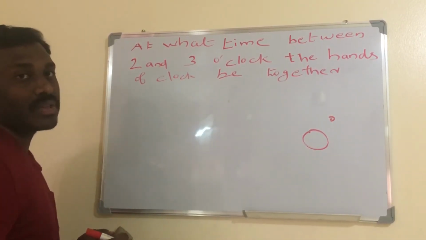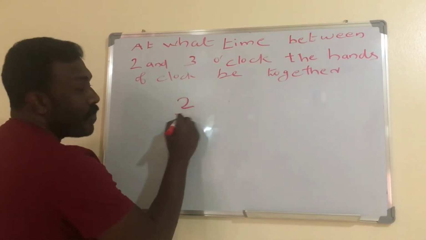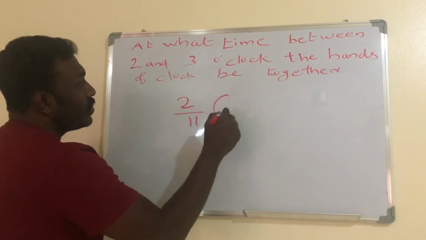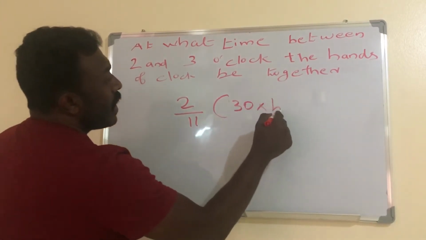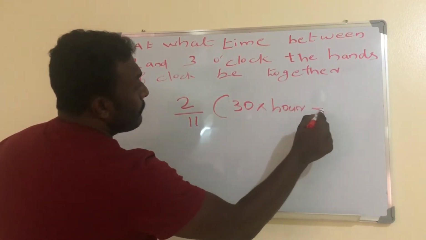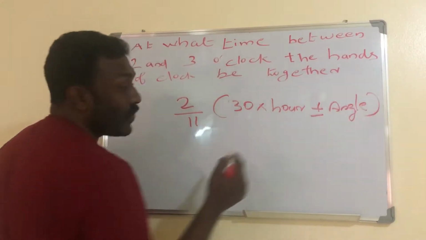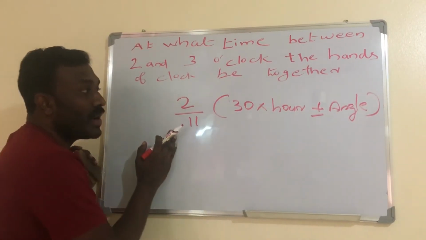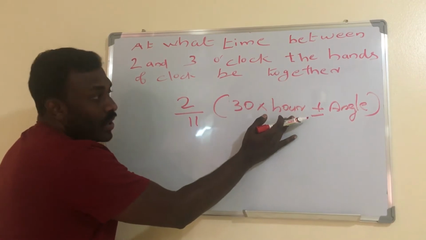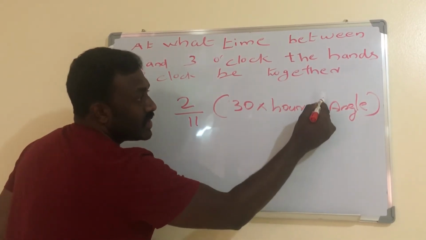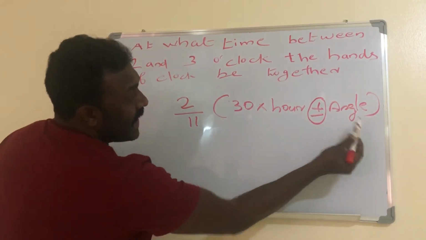Now we can solve this question by using the formula: 2 by 11 into 30 into hour, plus or minus angle. Just remember this formula. When I put the numbers from this question into this formula, I can write 2 by 11 into 30 into hour. We take the first hour, which is 2. Now it is plus or minus angle.